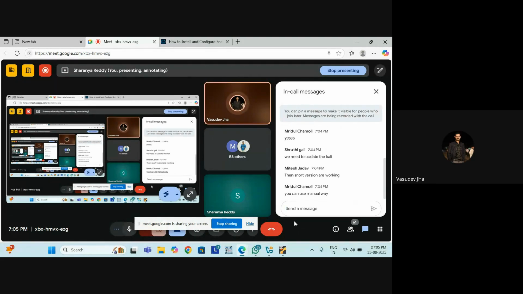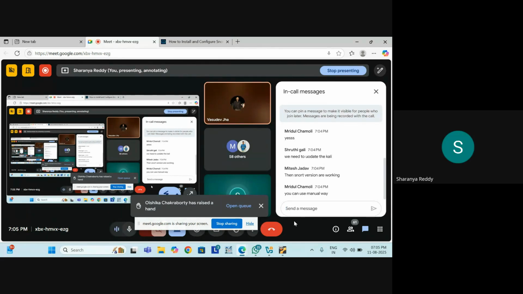There you need to check whether there is a deb link mentioned, like http.kali.org, and kali-rolling. So check for that. Simply go to the sources.list directory and whatever content you find there, paste that. I tried sources.list also, sir.